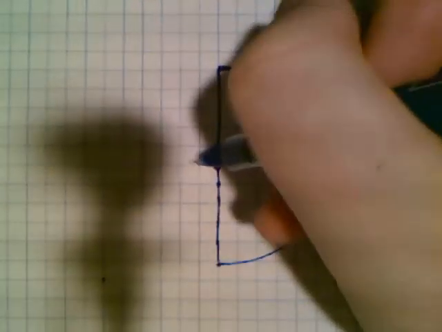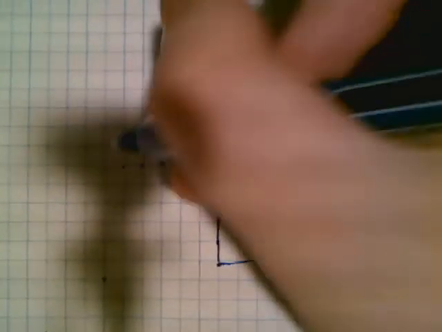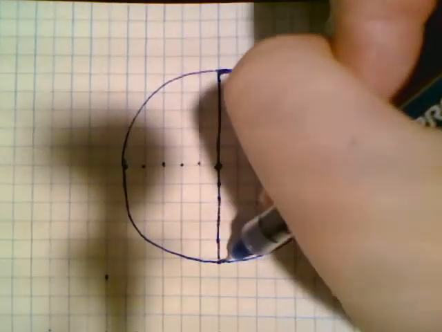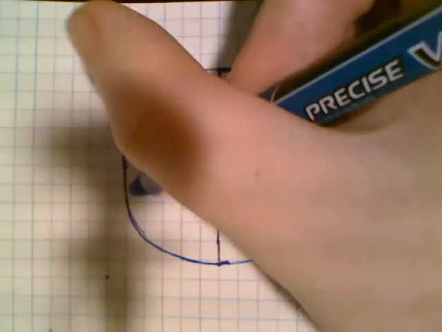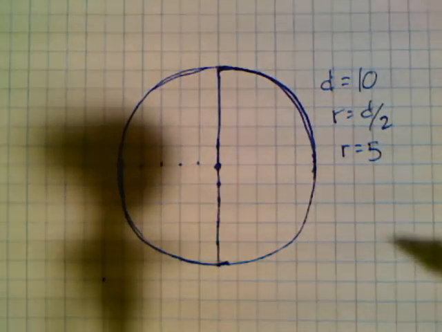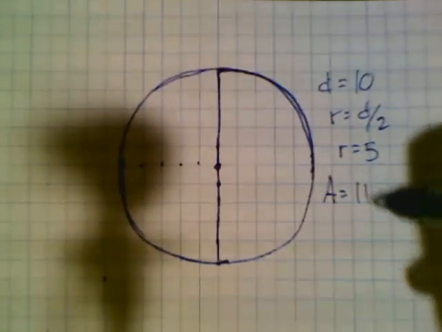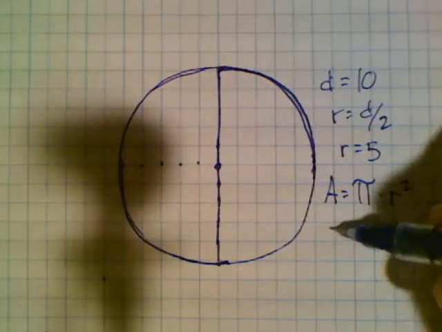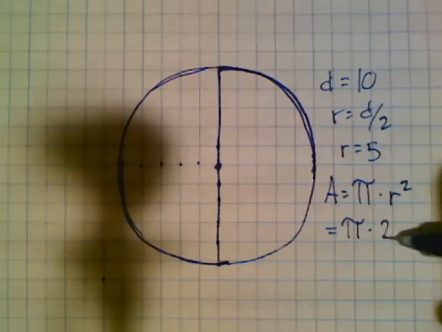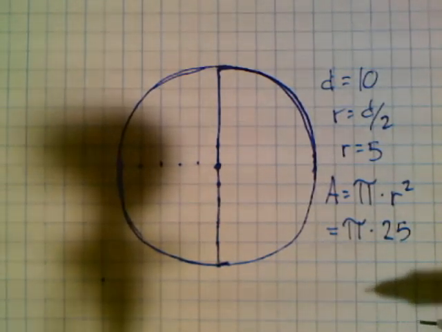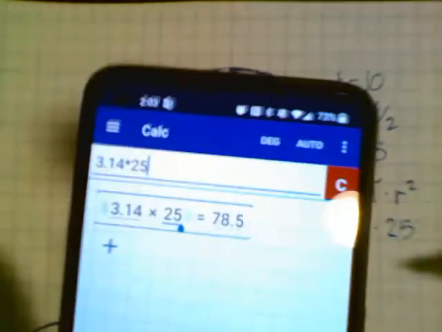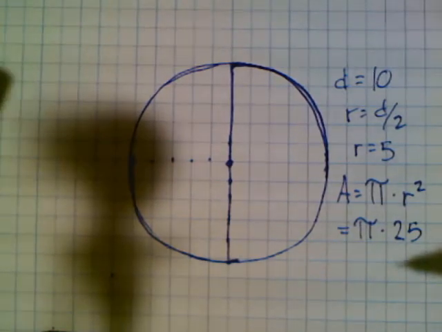So area equals pi times r squared, where r is 5, 5 times 5 is 25, and here we're using 3.14 for pi, and we get 78.5. So our answer is 78.5 square inches.